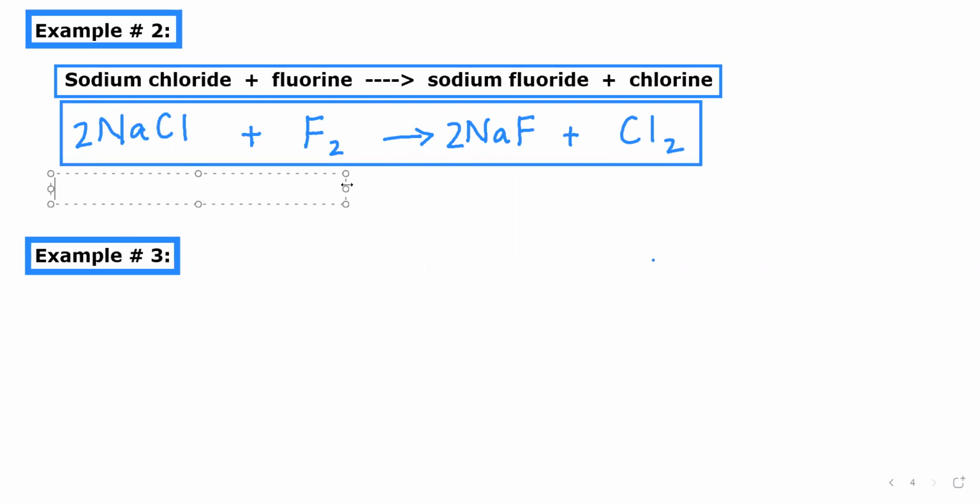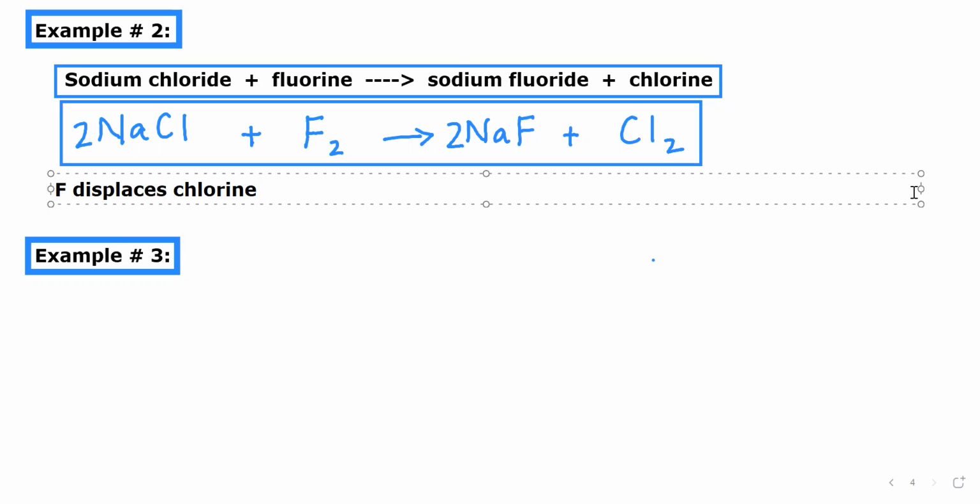And why is this so? This is because it is more reactive. We will write here, fluorine displaces chlorine from its compound, because it is more reactive than chlorine. Okay, this is our full explanation that we need to give.